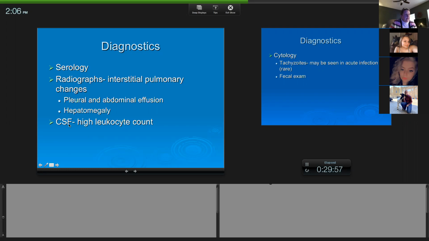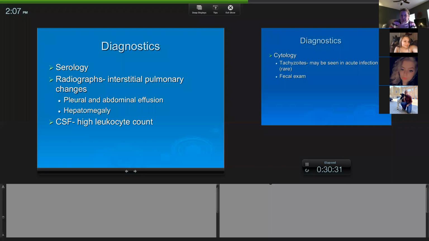And then on the CSF, when you do Animal Tech 4, you talk about cytology of fluid, like what cells should be in fluid. CSF is supposed to be one of the most protected fluids in the body. It's supposed to be clear. It really doesn't have a cell count. So if you have leukocytes or white blood cells in spinal fluid, that's extremely rare. And again, that's an indicator.